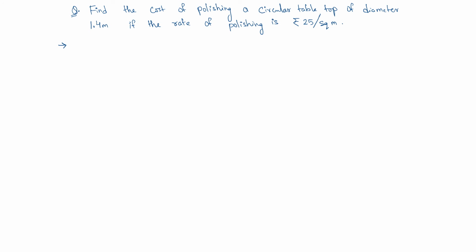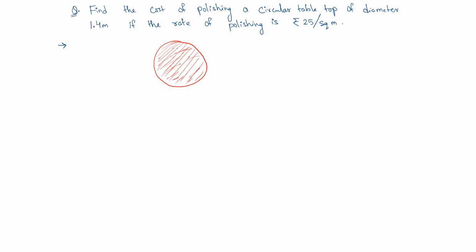The next question is, find the cost of polishing a circular tabletop. So the top of the table is in the form of a circle and you want to polish it. So the polishing is to be done out here. Okay, so this is where we will do the polishing.